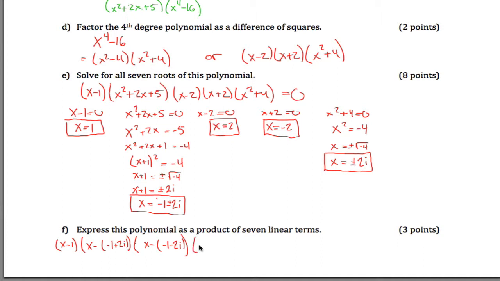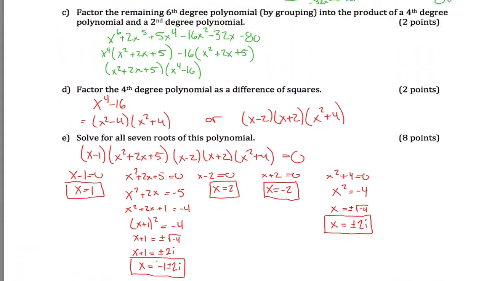If 2 is a root, x minus 2 is a factor. If negative 2 is a root, x plus 2 is a factor. If 2i is a root, x minus 2i is a factor. And finally, if negative 2i is a root, x plus 2i is a factor. Express this polynomial as a product of 7 linear terms. Here you go, 7 of them, they're all linear. That's finally the end of the quiz.